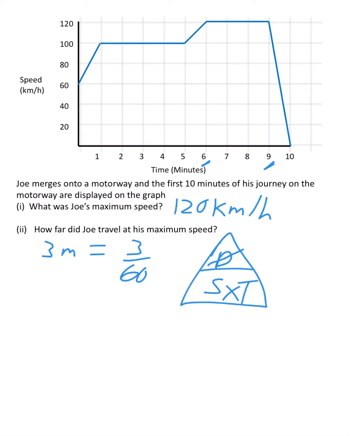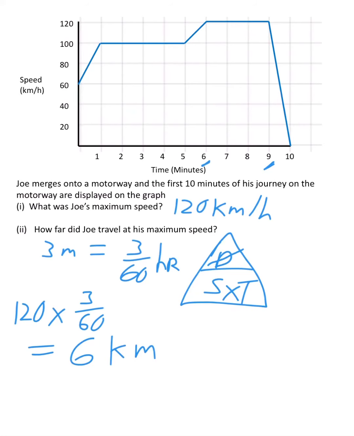Our speed is 120, and our time we want to be out of an hour, so I'll leave it as 3/60, because remember it's 3/60 of an hour. So 120 times 3/60, and that will be 6. Because we're dealing in kilometers per hour, the unit is 6 kilometers.